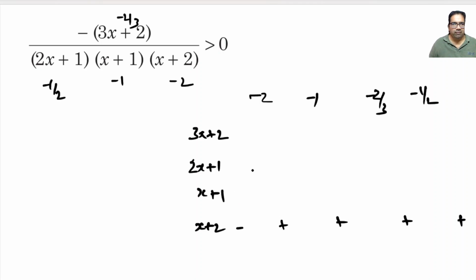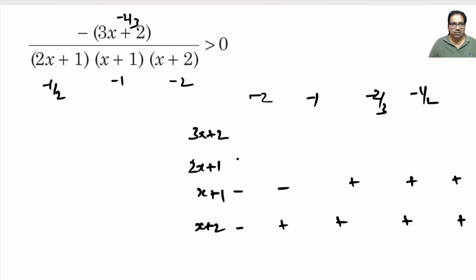Similarly, when x is less than minus 1, here it will be negative, here it will be negative, it will be positive from here onwards. For example, when x is 0, this is positive, right? Or x is minus 0.5, then also 1 minus 0.5, which is 0.5, is positive.